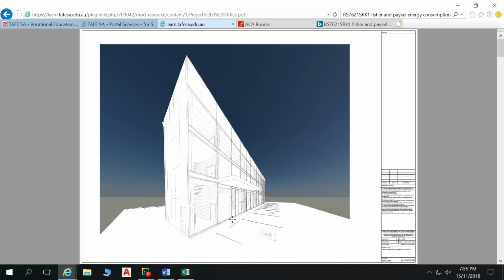But this report and this subject is about exploring those options, exploring the applications of those materials. So understanding that for different buildings you have different requirements, and that certain building materials and products can be used in certain situations.